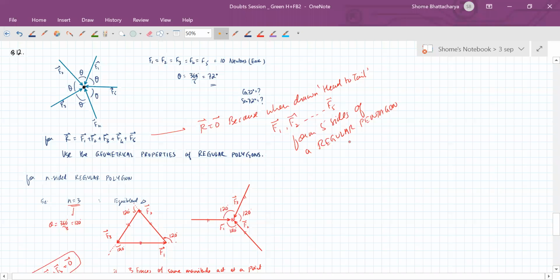Okay. So it's a closed shape. So that implies that the resultant is 0. Okay, so just make a run through this and understand this in detail.